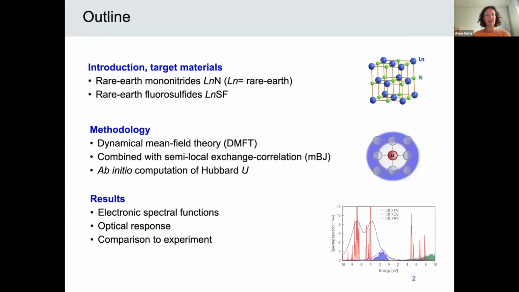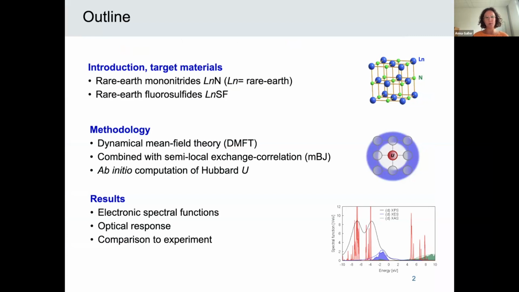So a short outline of my talk. I will start by introducing my target materials, which are the rare earth mononitrides and rare earth fluorosulfides. Then I will present you my methodology, which is a combination of dynamical mean field theory and a semi-local exchange correlation potential in DFT.